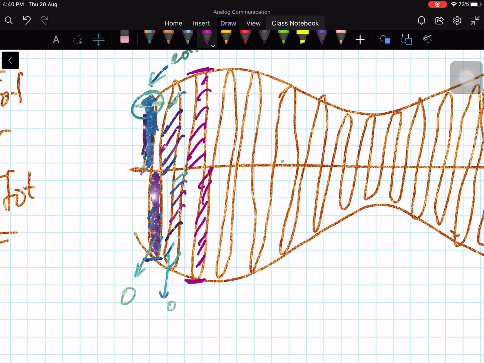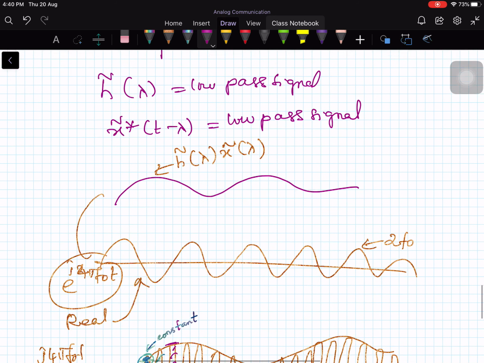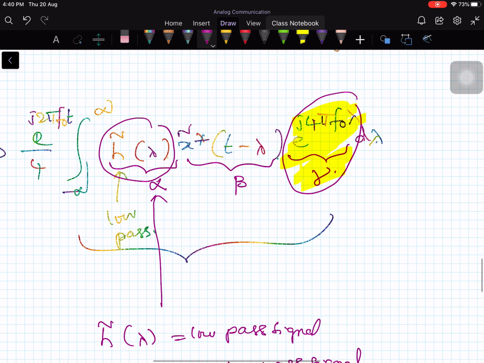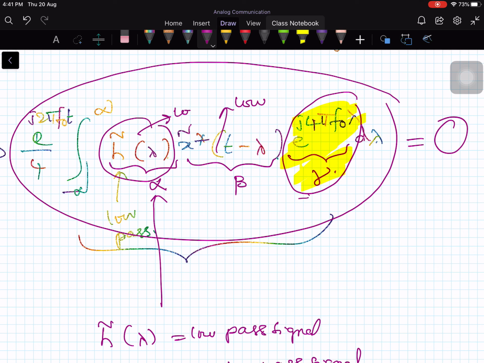So integrate half cycle by half cycle, and the same argument can be repeated, and therefore it boils down to saying that this integral leads to 0, because you have a low pass signal, and this is also a low pass signal, multiplied by a high frequency carrier, complex exponential. Therefore that integral will lead to a 0 value.